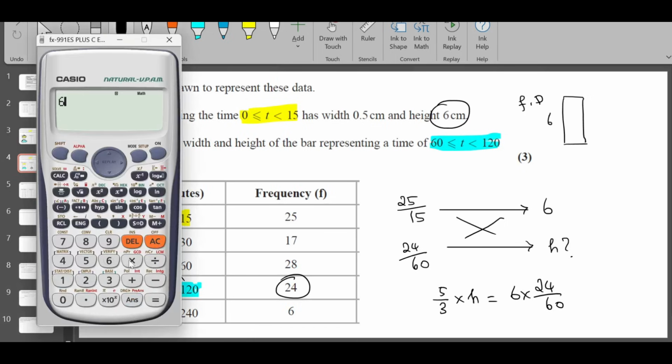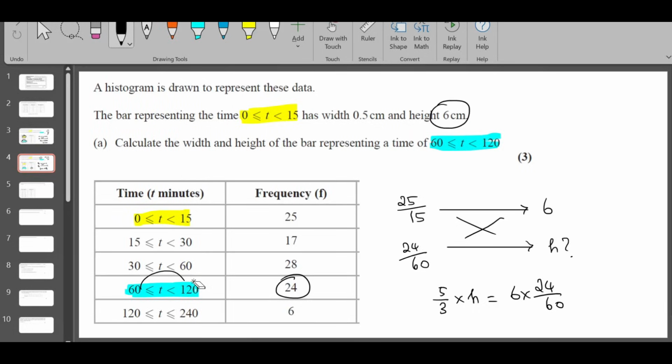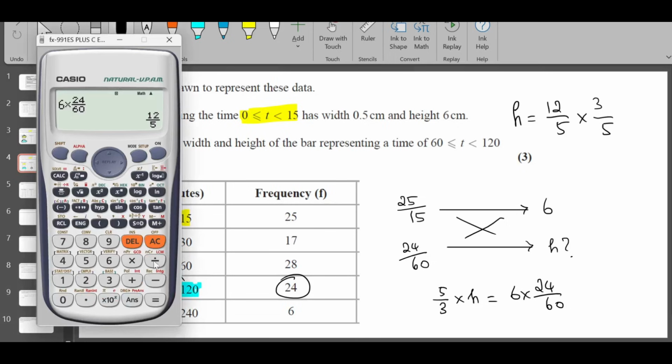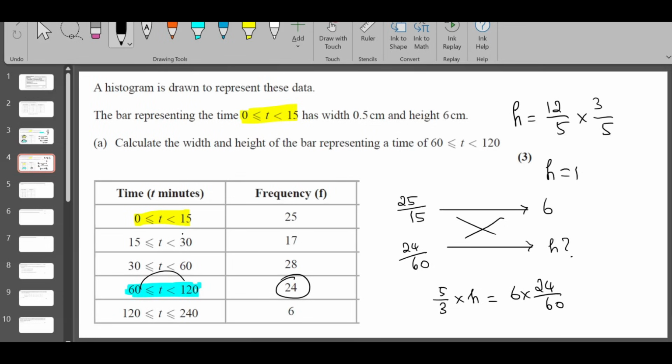That's 12 over 5, so H is equal to 12 over 5 times 3 over 5, and 1.44 centimeters is the answer. It's a 3-mark question.